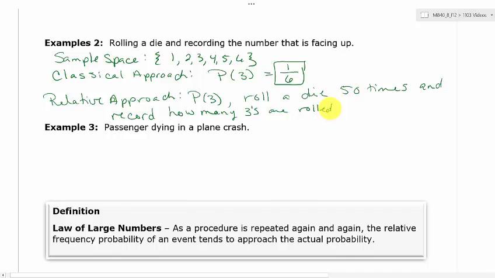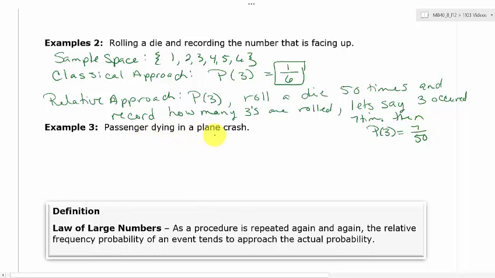And then you could compute your probability. So let's say 3 occurred 7 times, then the probability of a 3 would be equal to 7 over 50. So the number of times the 3 occurred divided by the total number of times we rolled our die.